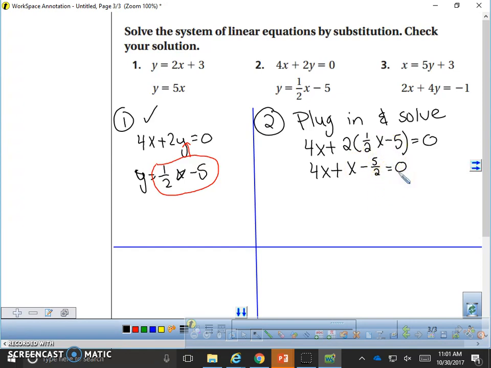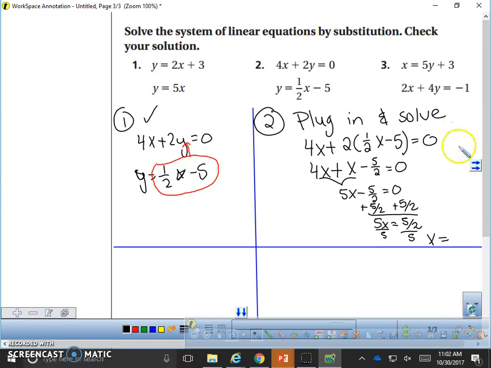See if this doesn't help life out. Combine like terms. 5x minus 5/2 equals 0. Add 5/2, add 5/2. 5x equals 5/2. Okay, divide by 5, divide by 5.